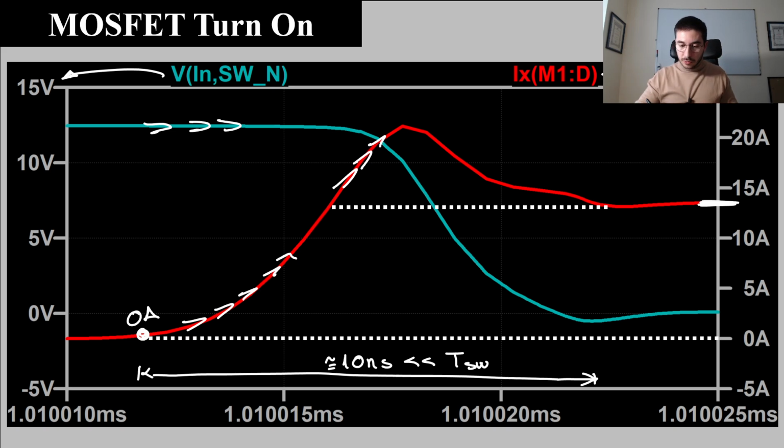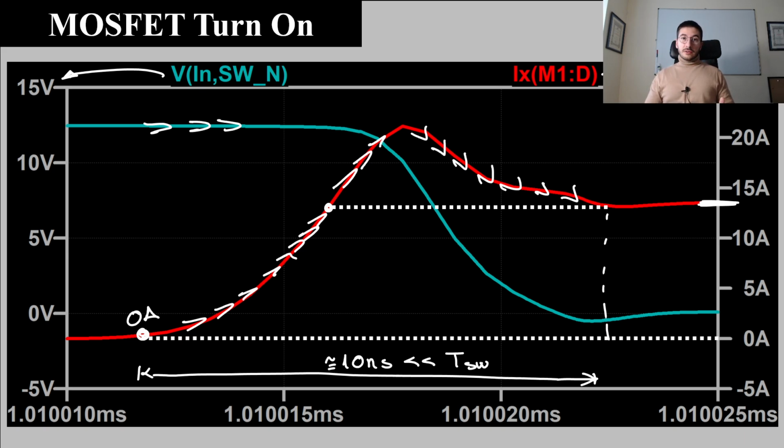So in summary, the current rises, but it doesn't stop at the final value. We have an extra peak caused by the diode, and as a consequence we have more turn on losses because we have more overlap between voltage and current waveforms. Then the current through the MOSFET reaches the final value and the transition finishes here.